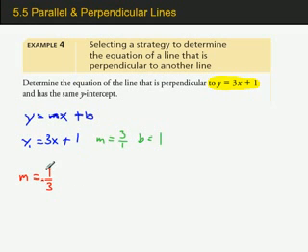So there we go. And in case you wanted to verify that, anytime you multiply two slopes together and they get -1, then we know that they are perpendicular. So just to check slopes for a second, let's say we go 3 over 1 times -1 over 3.